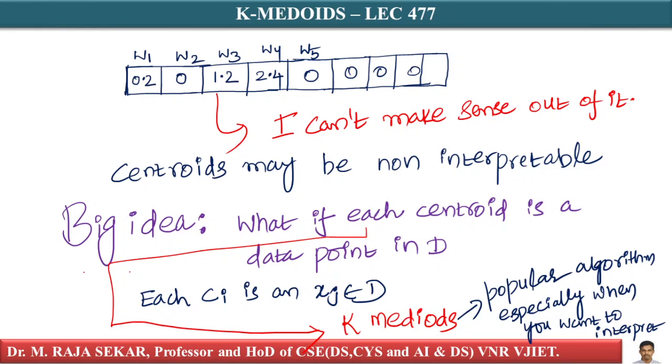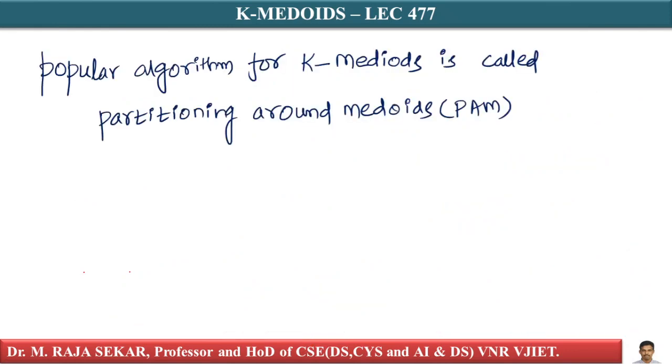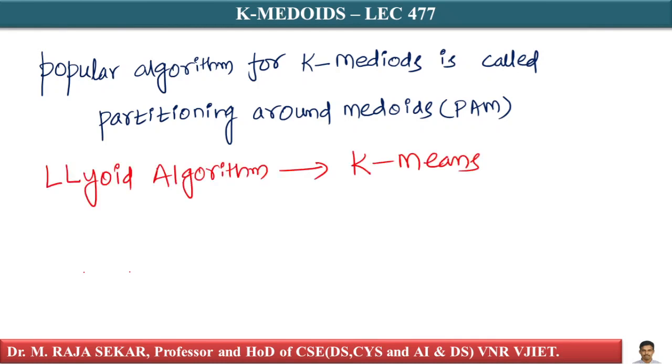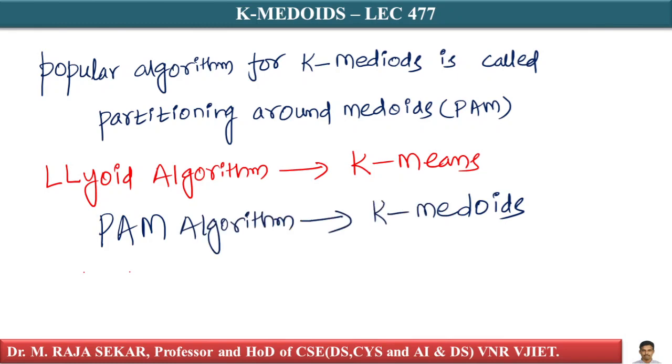Let's understand the k-medoids algorithm. One of the popular algorithms for k-medoids is called partitioning around medoids, PAM. This is the algorithm, just like Lloyd's algorithm for k-means. PAM is an algorithm for k-medoids. It is very similar to k-means with some differences.